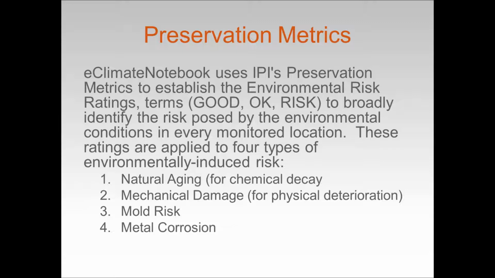Okay, so I showed you in the previous slide that the preservation metrics establish this risk rating system based on good, okay, or risk, to broadly identify the risks posed by your environmental conditions where you're monitoring. And again, we looked in the slide where it's doing that for each of these different kinds of decay.